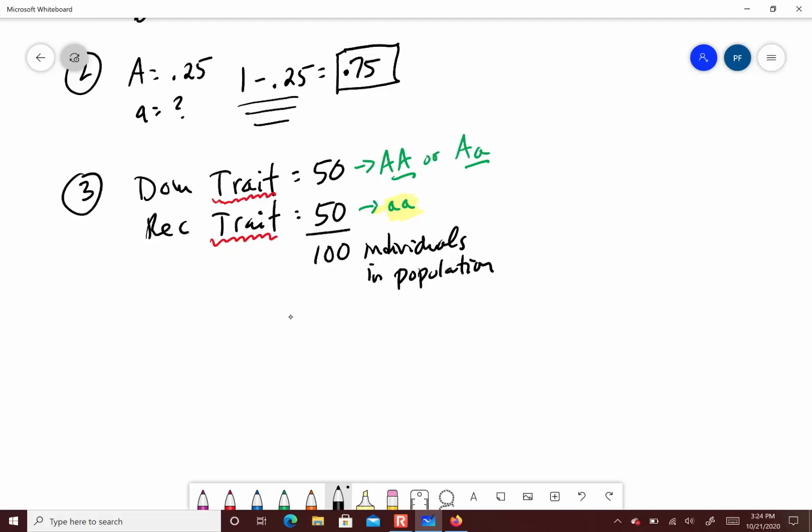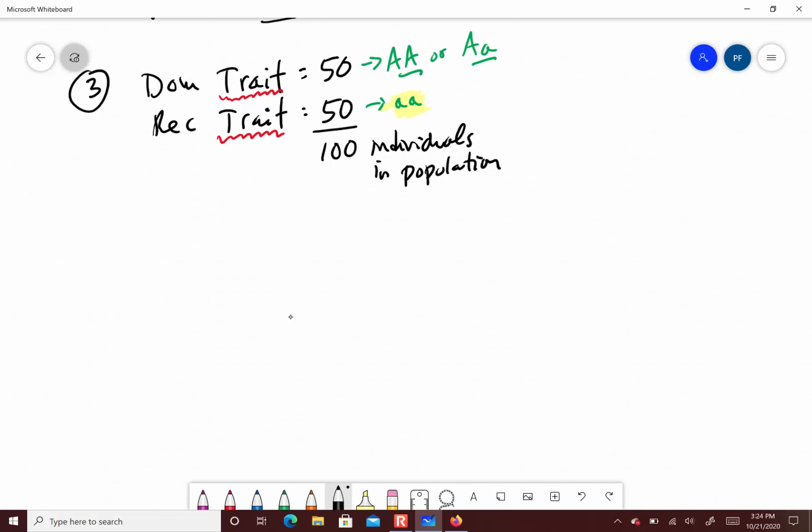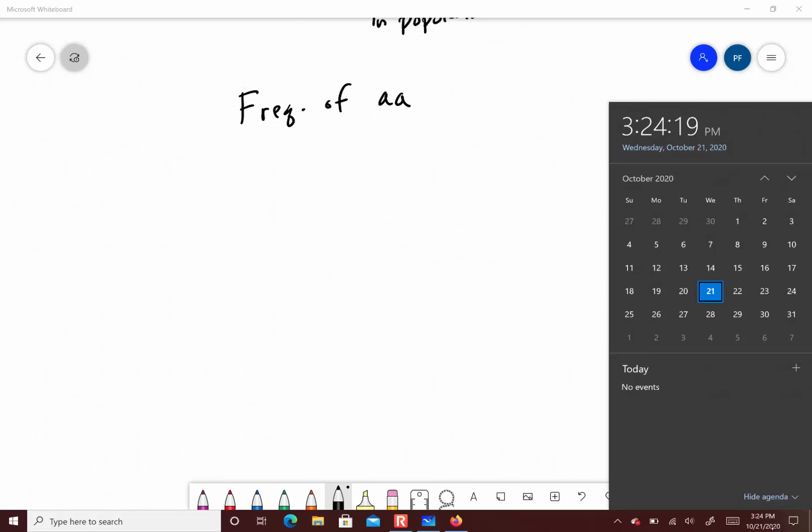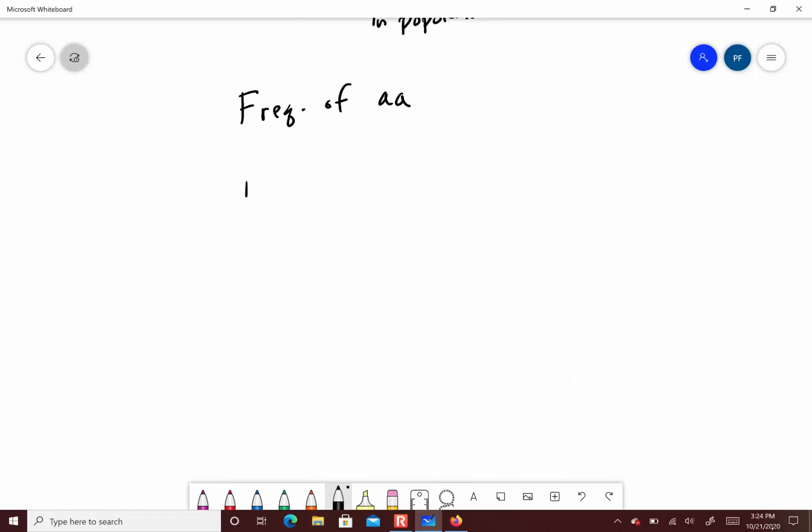So that's actually what we're going to start with. I'm going to show you five things. The frequency of homozygous recessive. We're going to go from that and do the frequency of the recessive allele. From there, we're going to do the frequency of the dominant allele.